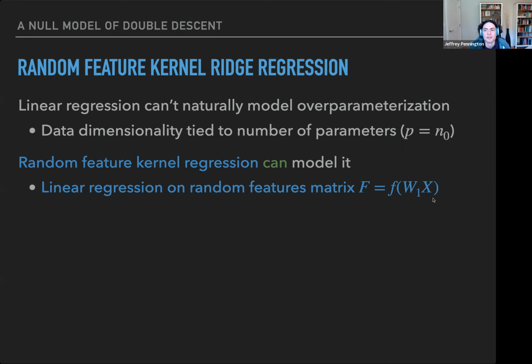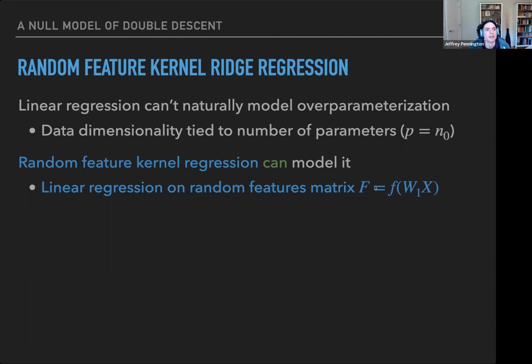So in particular, you multiply X by some random matrix W1, and to the result you apply some nonlinear function little f to each entry. So this gives you some matrix capital F. And if you just regard capital F as your data set, then you can perform linear regression with that. And that's all that random feature regression is.